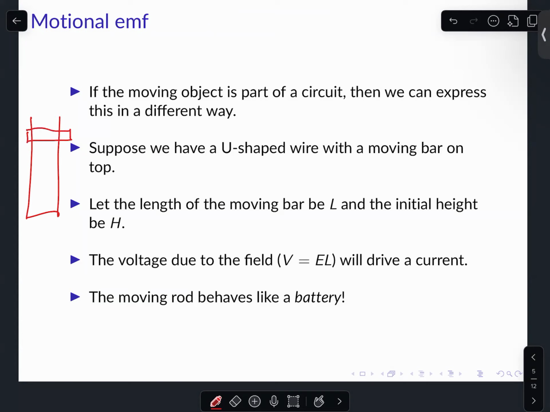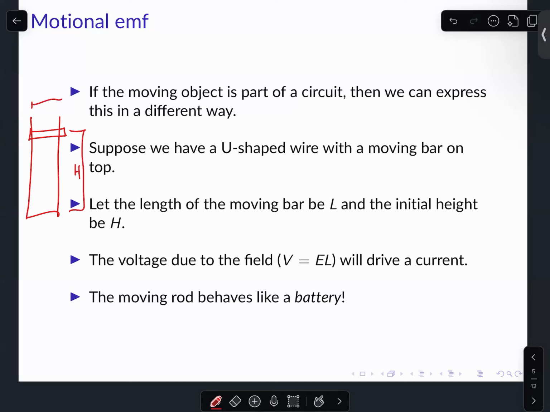So I've got a bare wire, not that kind of bare, a bare wire with a piece of metal, a conductor, that is touching the wire. It forms a complete closed rectangle, except the top bar is free to move up and down. Now, the terms that I gave here, we're going to invent an equation in two shakes of a lamb's tail.